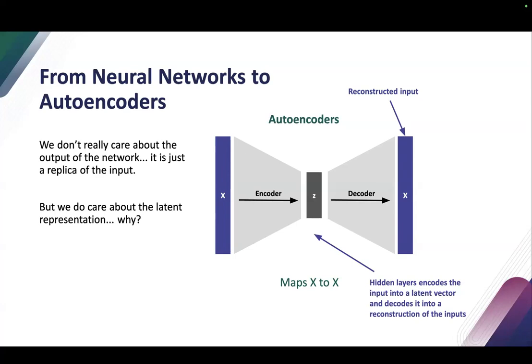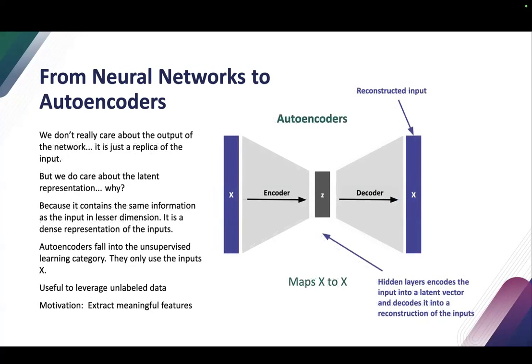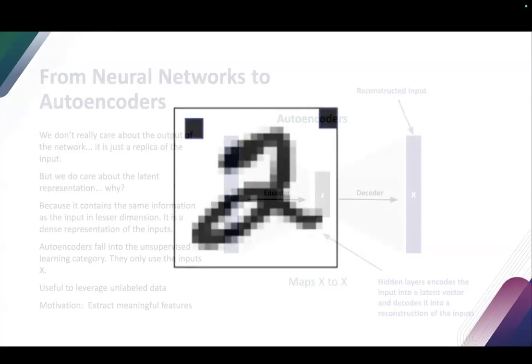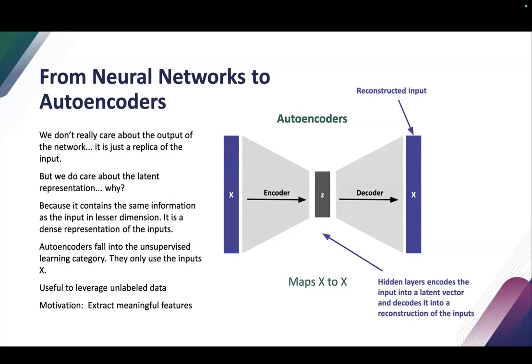Yeah. So the answer I'm looking for when I say why do we do this is that the Z variable is really what we care about. This vector here, right? Because what we're trying to do is we're taking an input and we're reducing the dimensionality just like you would do with a PCA.